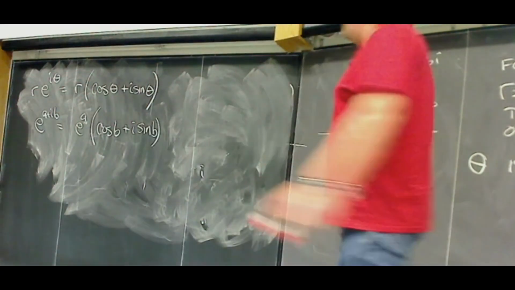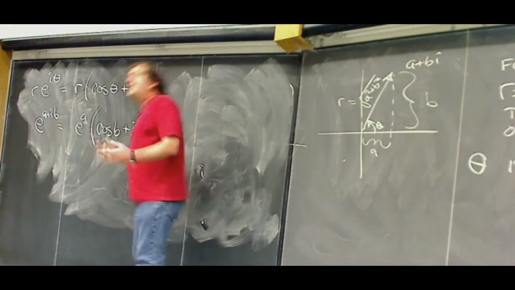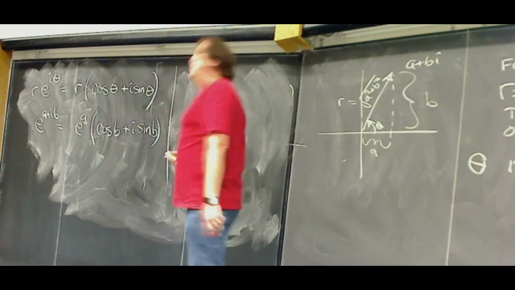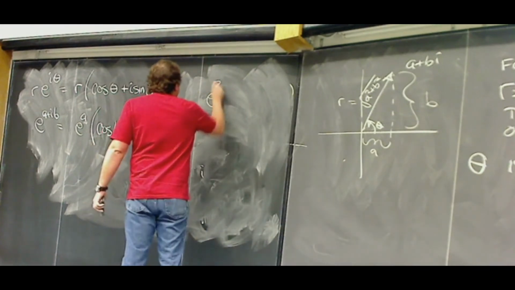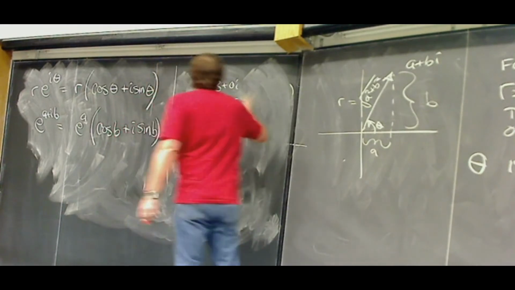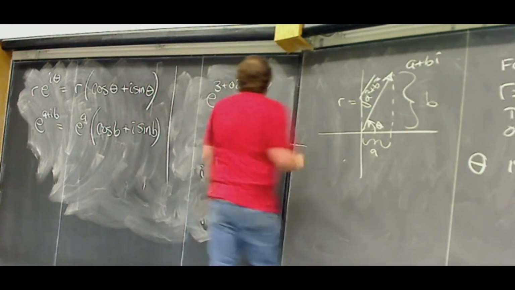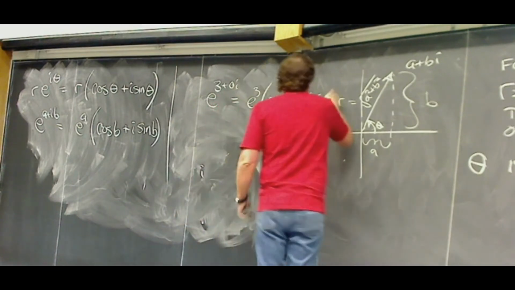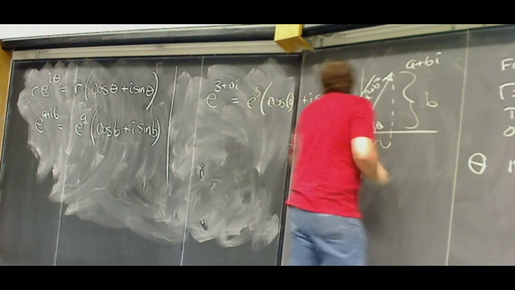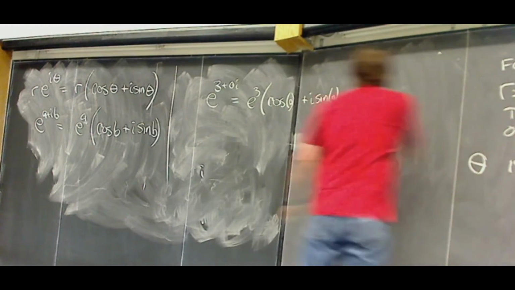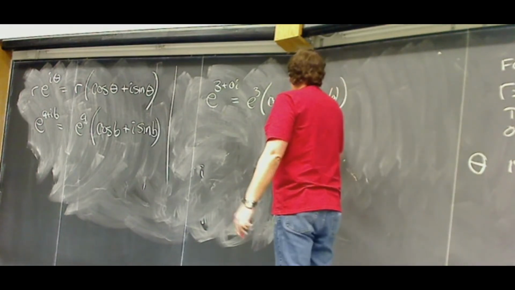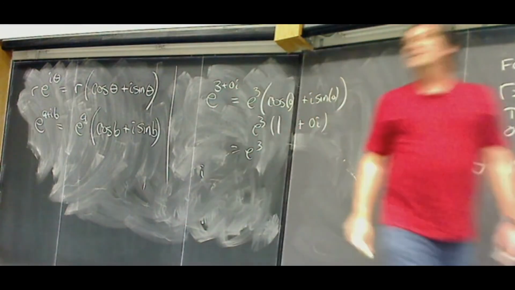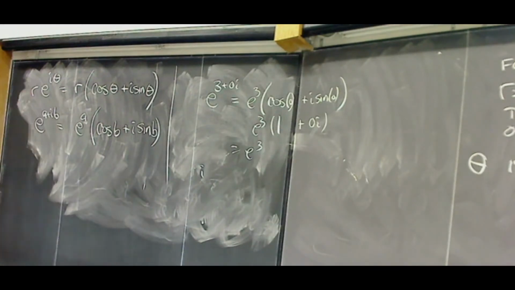So, for example, if I think of a real number like, I don't know, 3, e to the 3 plus 0i, well, this is e cubed, and then I have the cosine of 0 plus i times the sine of 0. Well, this is 1 plus 0i. So this is e cubed, just like we expect. So that's all good.